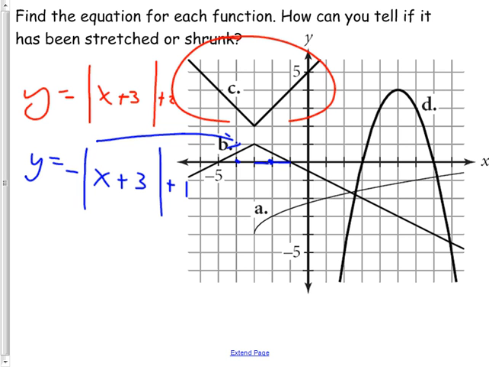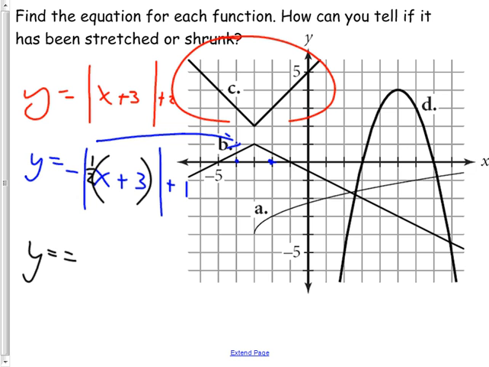The difference in width is 2 compared to 1. So it's twice as wide. If it's twice as wide, do you get that I would not put a 2 on the inside, I would put a 1/2 on the inside. And then you need parentheses around there. Did anybody do it that way? Okay, good.